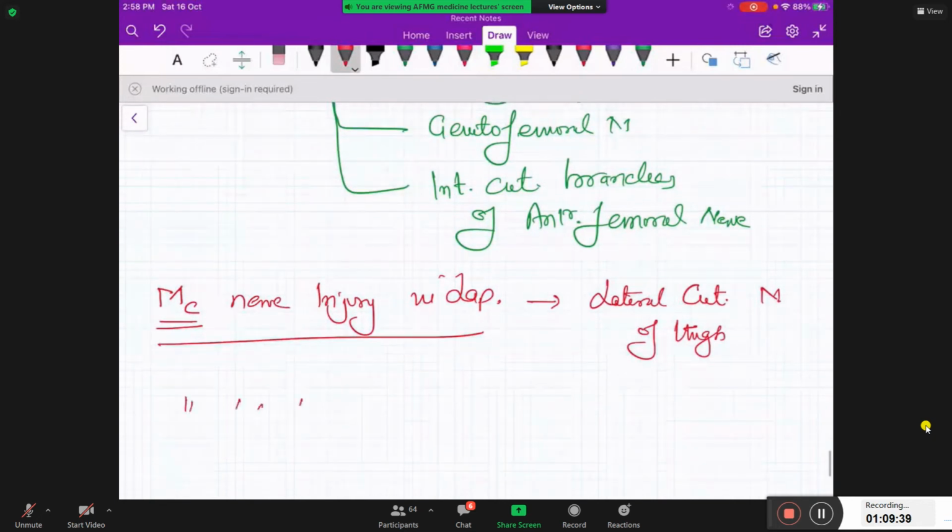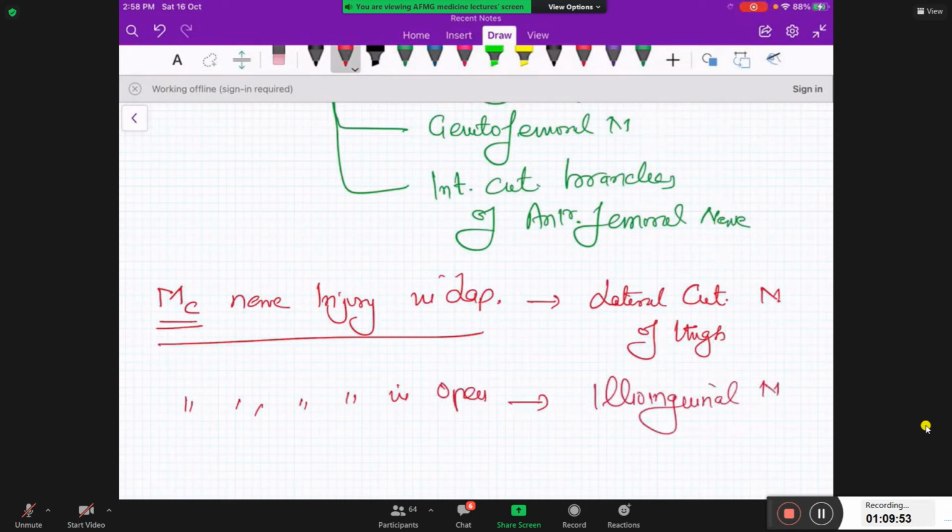The most common nerve injury in open hernia repair is the ilioinguinal nerve.